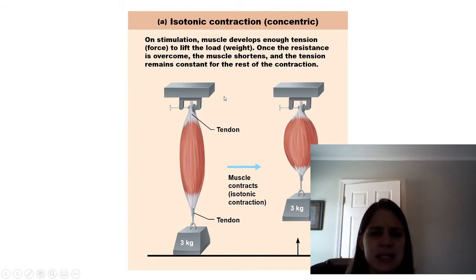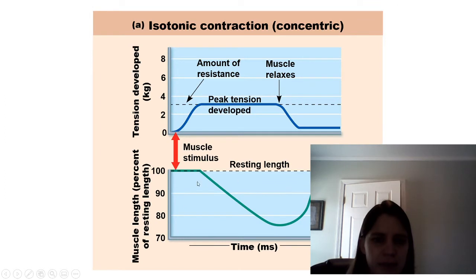Here's the picture for this. This is the isotonic contraction, right? So the tension's there, and the muscle contracts, lifts this weight up. Great. As we're looking at that, we can see the tension that's developed, right? So a little bit happens first, and then it holds some level of tension. The muscle relaxes.